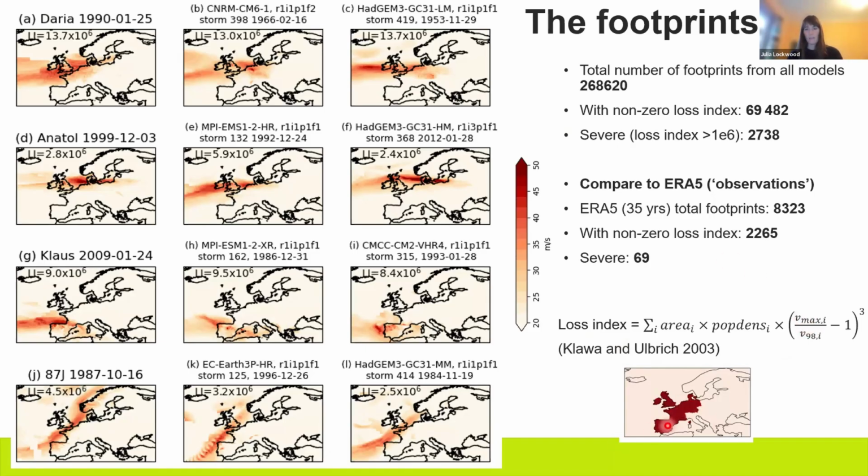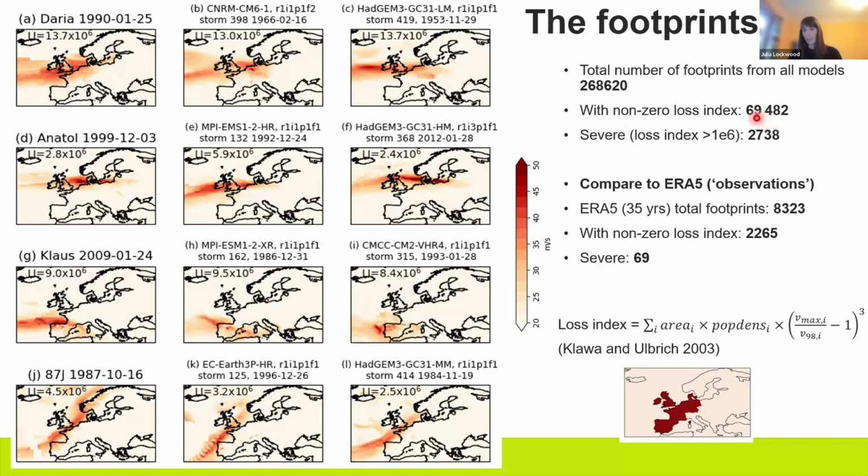So that's this red area here. And when you calculate that, we found if a footprint doesn't have a gust which exceeds the 98th percentile anywhere, then it has a zero loss index.